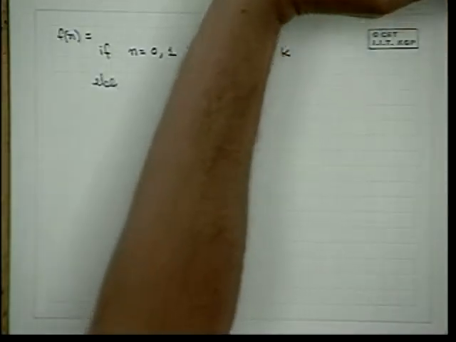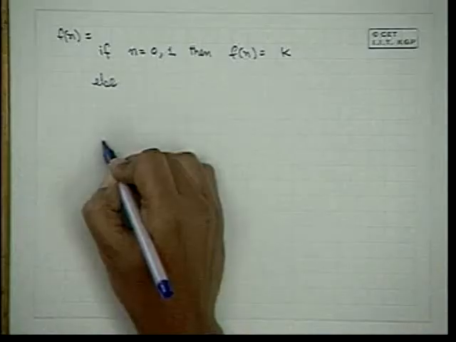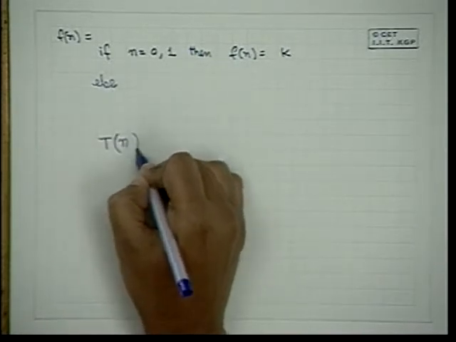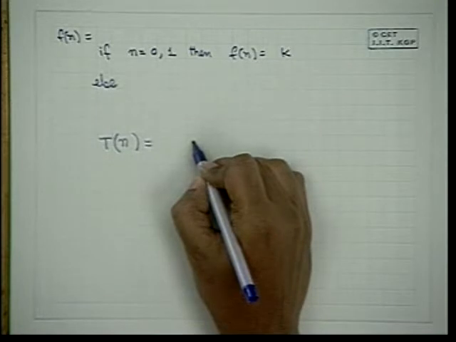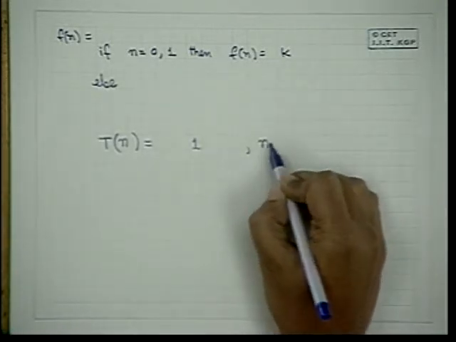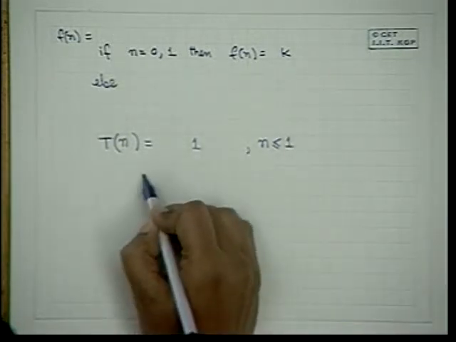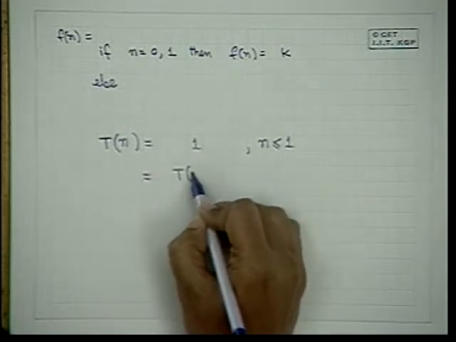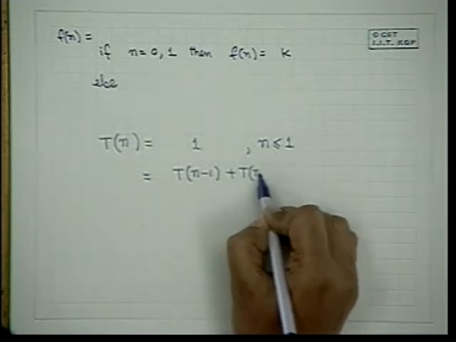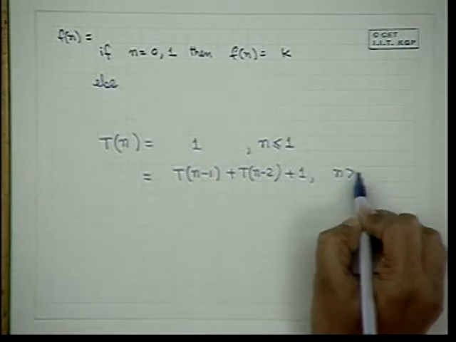So now the complexity equation again becomes a recursion, and the complexity equation, the time for Fibonacci is equal to, let us say constant, we can make it 1, we are doing asymptotic analysis, for n less than or equal to 1, and is equal to t of n minus 1 plus t of n minus 2 plus 1 for n greater than 1.